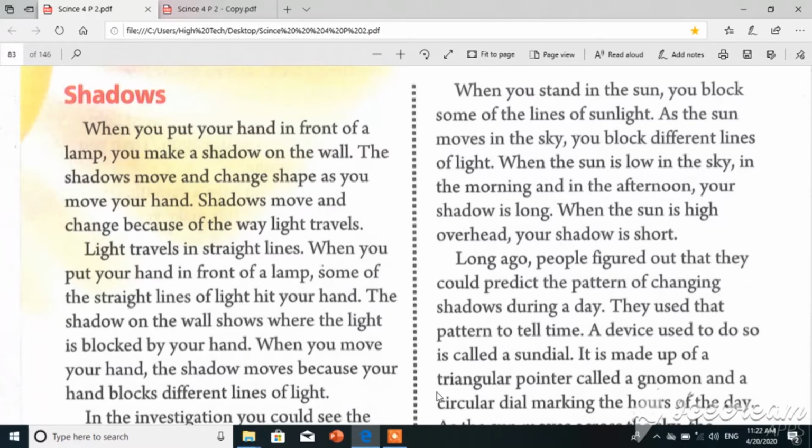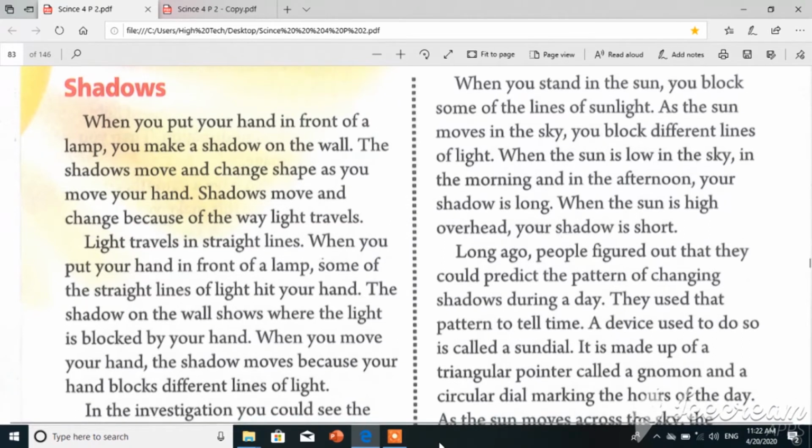Long ago, people figured out that they could predict the pattern of changing shadows during a day. They used the pattern to tell time. A device used to do so is called a sundial.